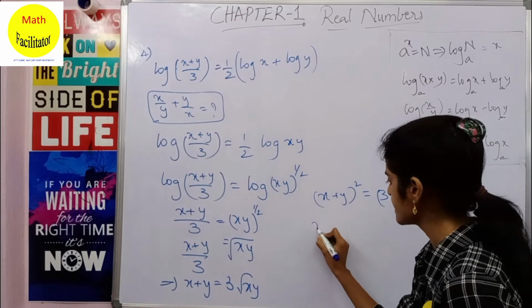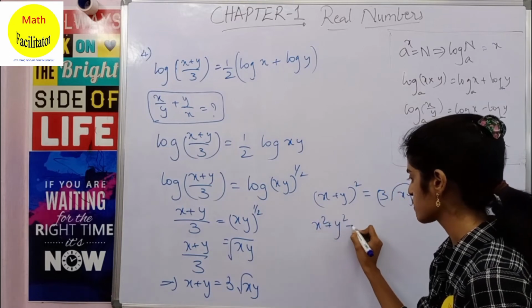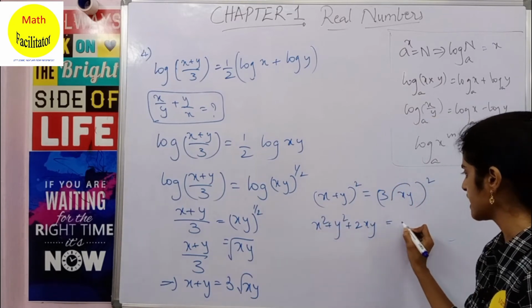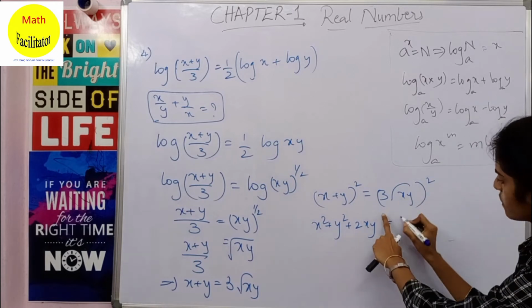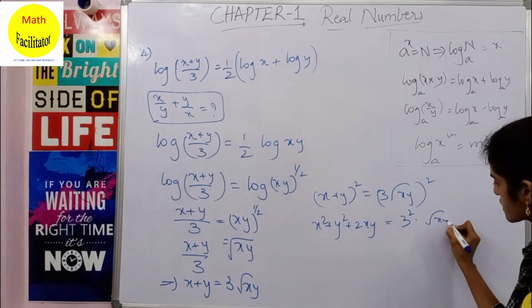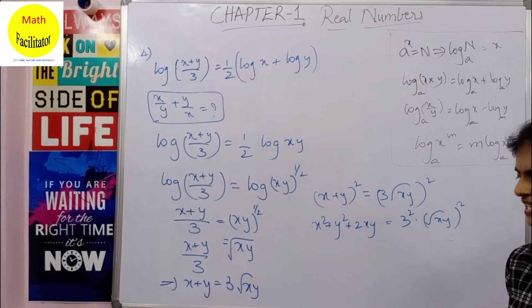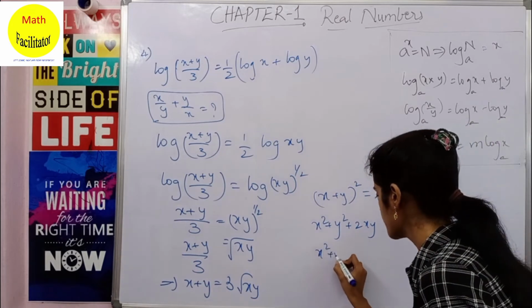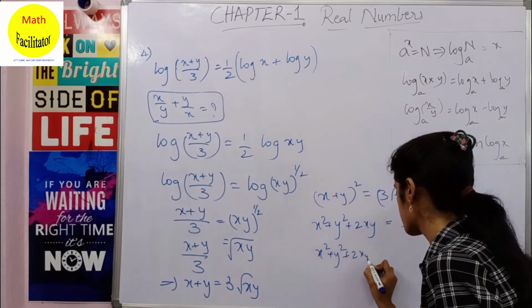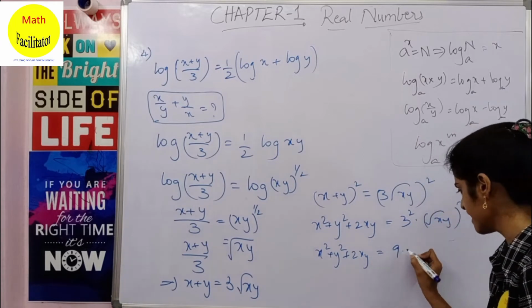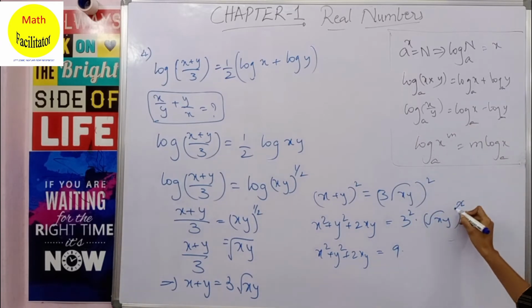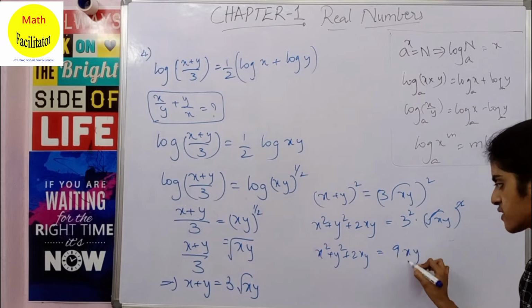So now what is this? x² + y² + 2xy equal to, now 3² into (√(xy))² this is. Okay, so x² + y² + 2xy equal to 3² is 9 into (√(xy))², is square and square root gets cancelled, so you have xy.